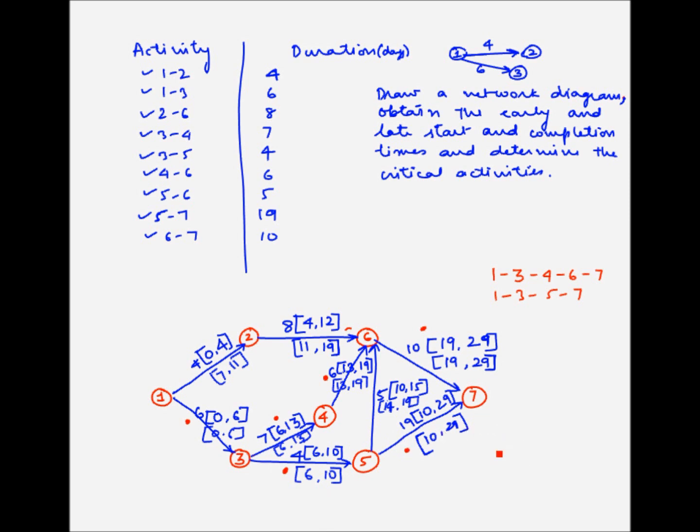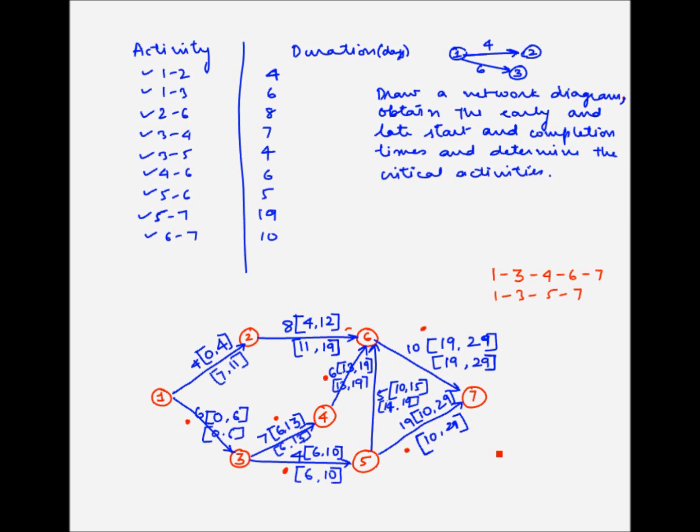Another very interesting observation is that let's take the case of activity 4 to 6, which is of 6-day duration. Now suppose we delay this activity by 1 day, so the duration becomes 7 days. So what that will do to the overall project is that the overall project will get delayed by 1 day, that is it will make the duration from 29 to 30.